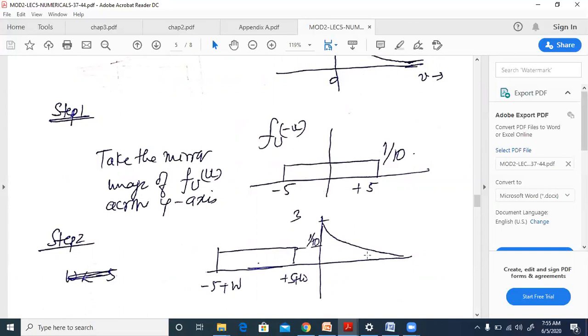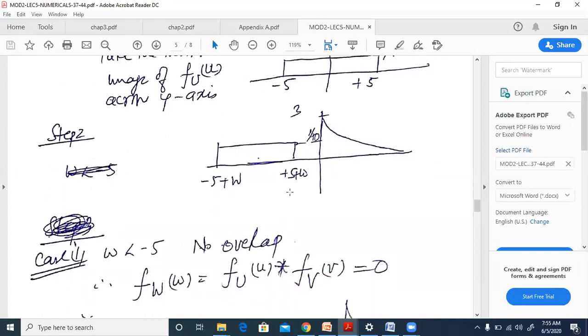This shifted value will give us f_U(w minus u). That will give here w minus 5 and w plus 5, or minus 5 plus w, 5 plus w. That will be the value over here.